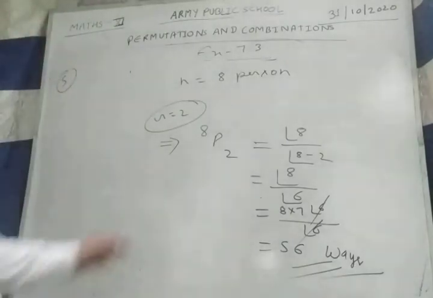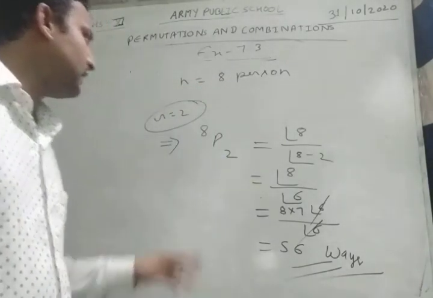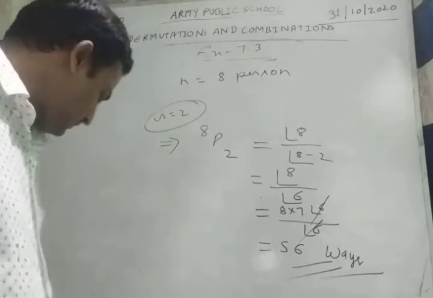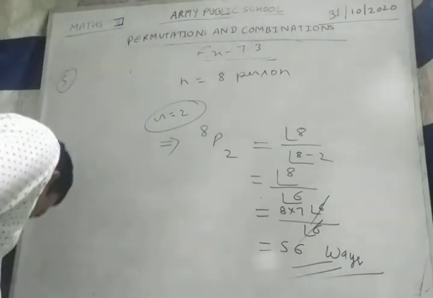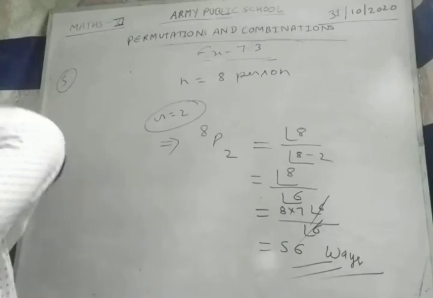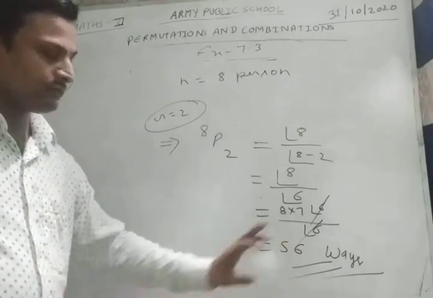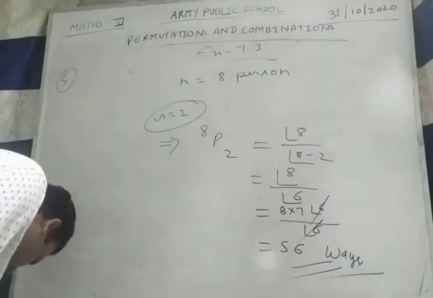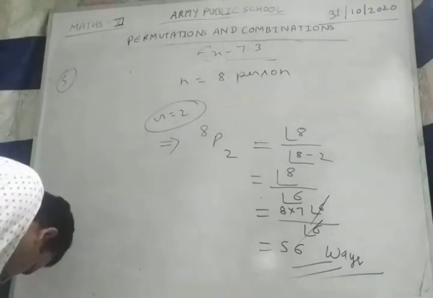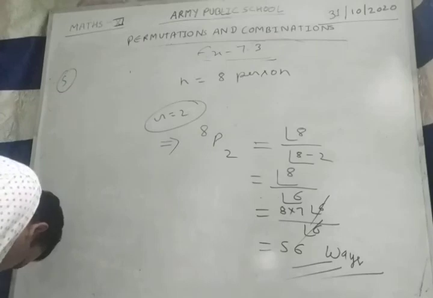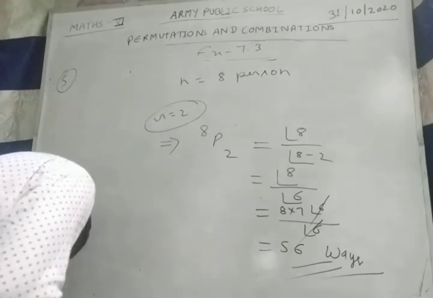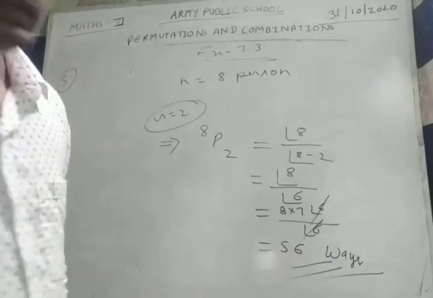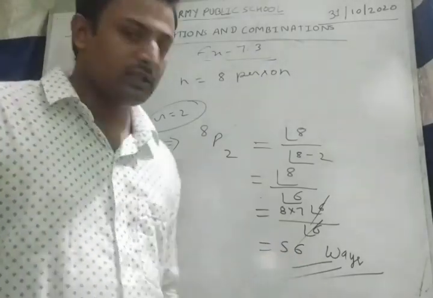We are given 8 persons and we have to select 2 persons. We have to arrange 2 persons from them. So we are arranging these 2 persons in 56 ways. Okay, in this way we can find 56 ways. Thank you.